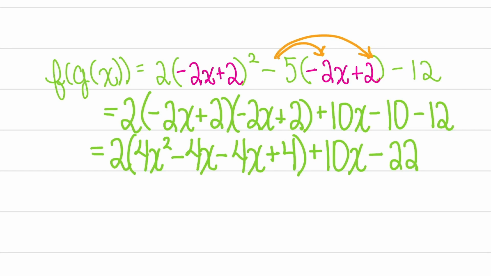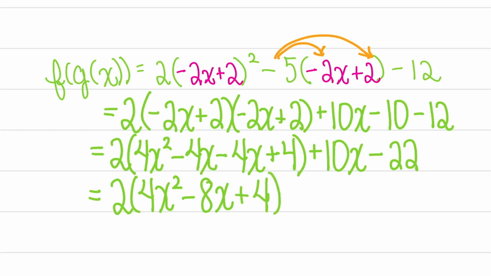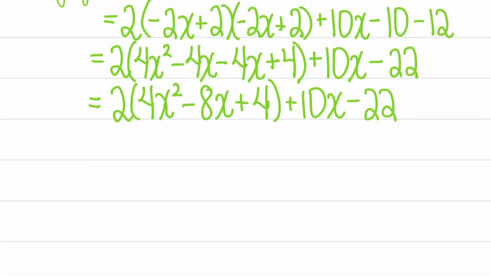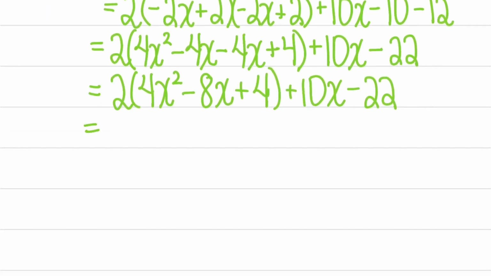We can also add these two terms together, and we're going to distribute this 2 in when we do that. So we'll go ahead and split these up here. So 4x squared minus 8x plus 4 plus 10x minus 22. Now let's distribute that 2 in.